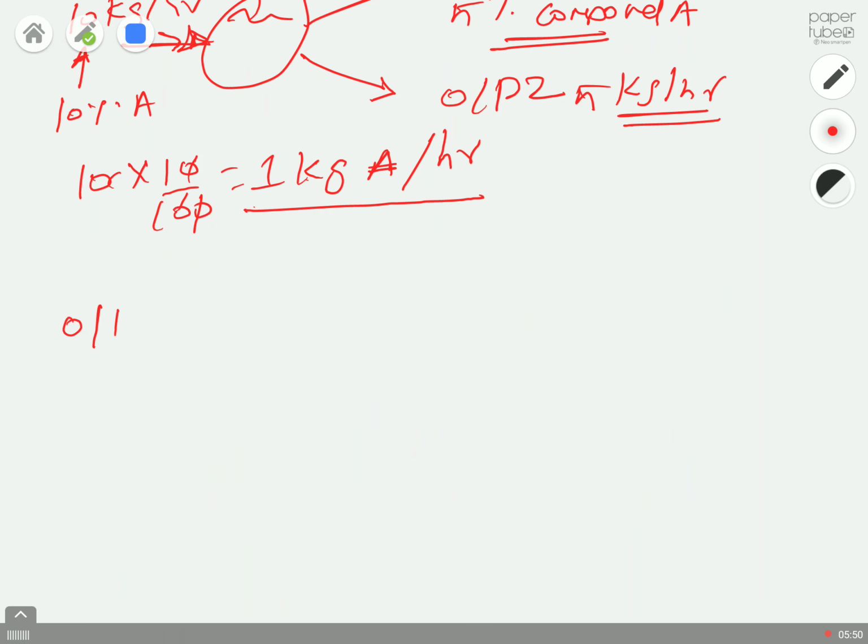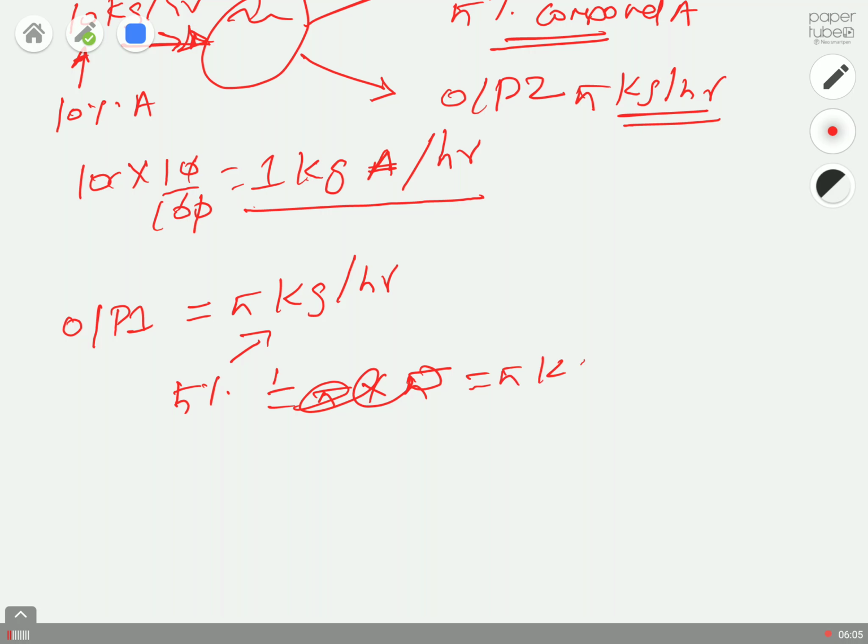We know the output 1 mass flow rate is 5 kilograms per hour. So what is 5% of 5 kilograms per hour? That's equal to 5 kilograms per hour multiplied by 5 by 100. How much is that? 5 5s are 25 by 100.